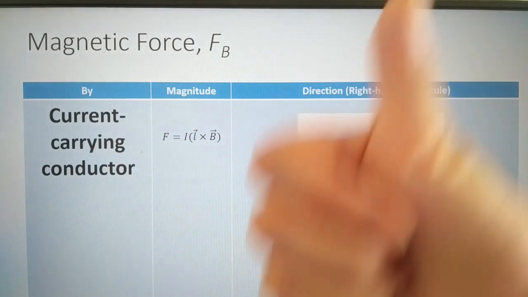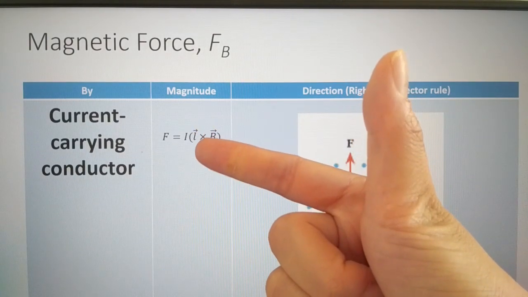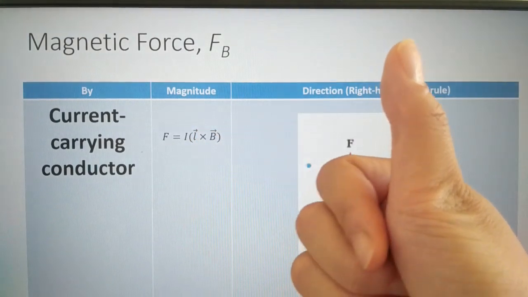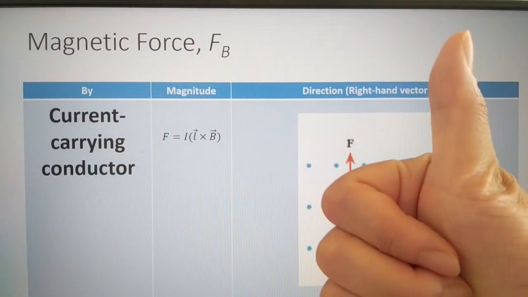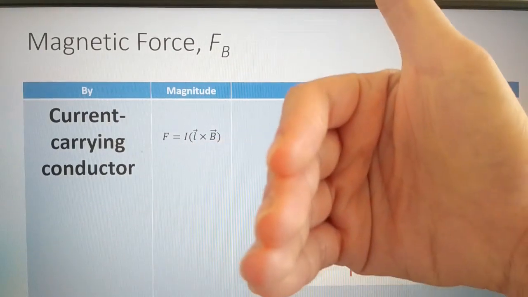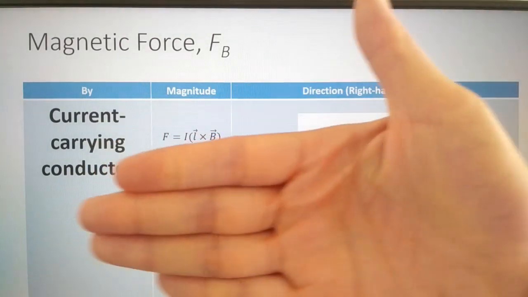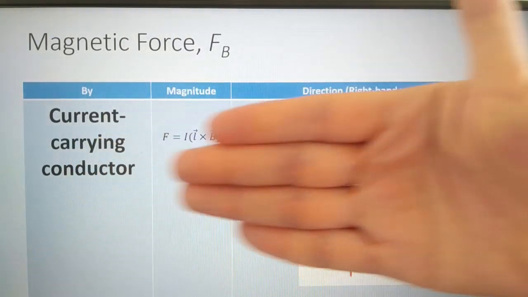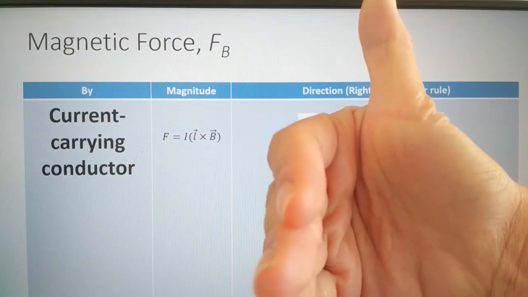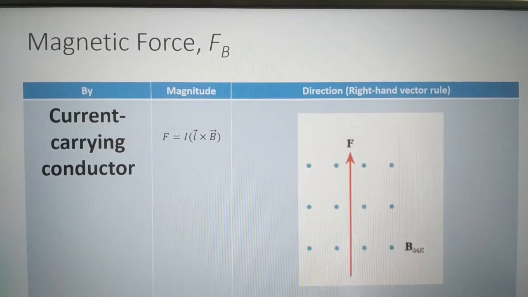So this force is a product of vector L cross B, L cross B. But you don't know the direction of L, but you know the direction of magnetic field, which is out of the page. So how do I cross B, which is out of the page? It means my current has to point in the left direction, so that I can cross B, which is out of page, to produce a force upward. So the current is to the left.